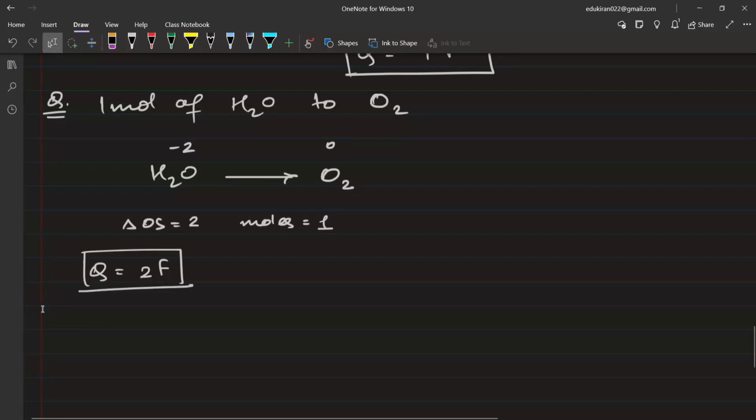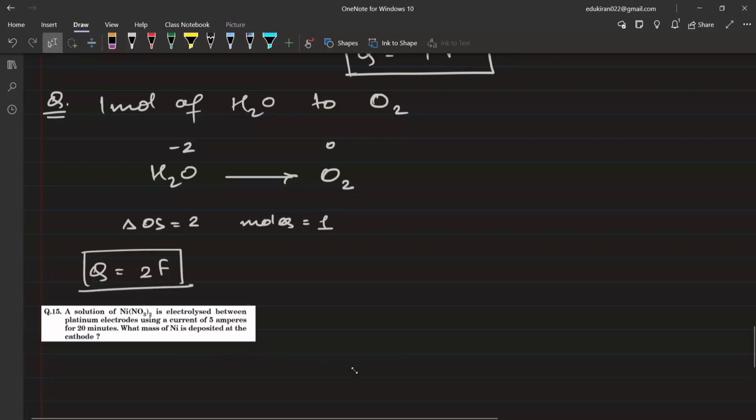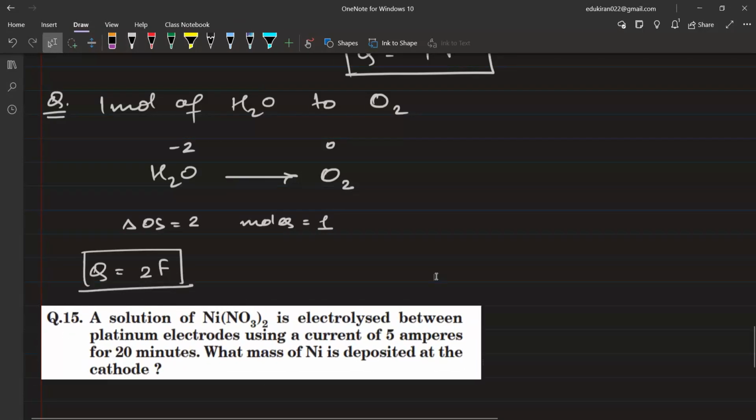Once you are done writing this, please write this question. The solution of Ni(NO3)2 is electrolyzed between platinum electrodes using a current of 5 amperes for 20 minutes.